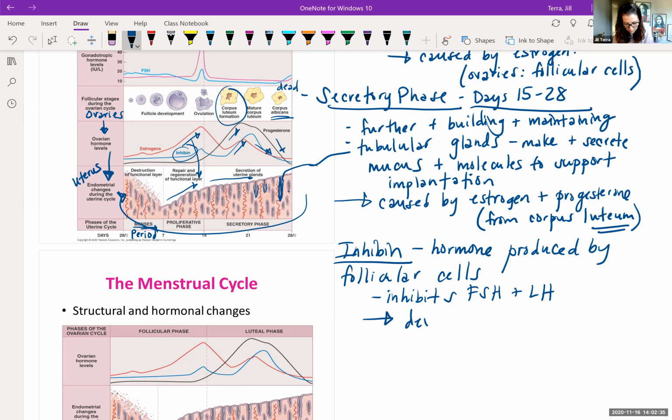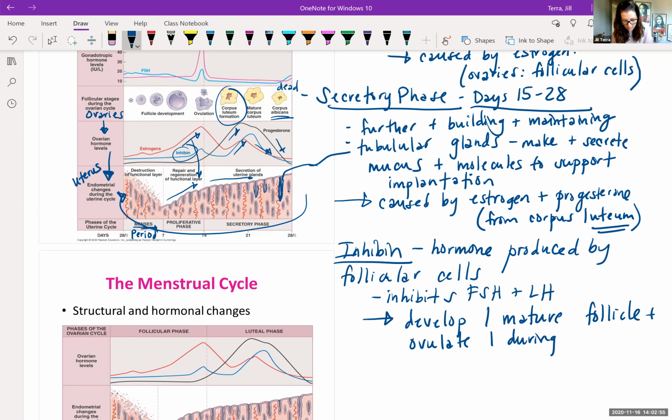So we develop one mature follicle and ovulate one, which again, you can ovulate more than one, but our standard design is to mature and ovulate just one, right?